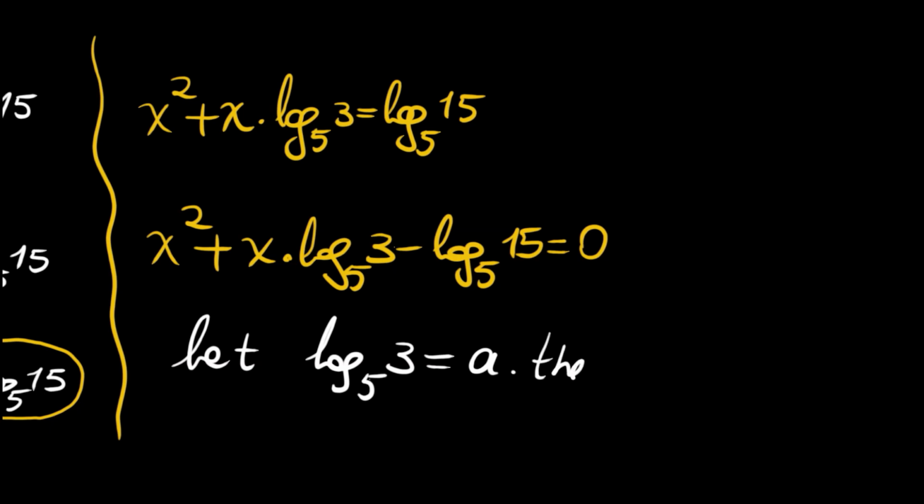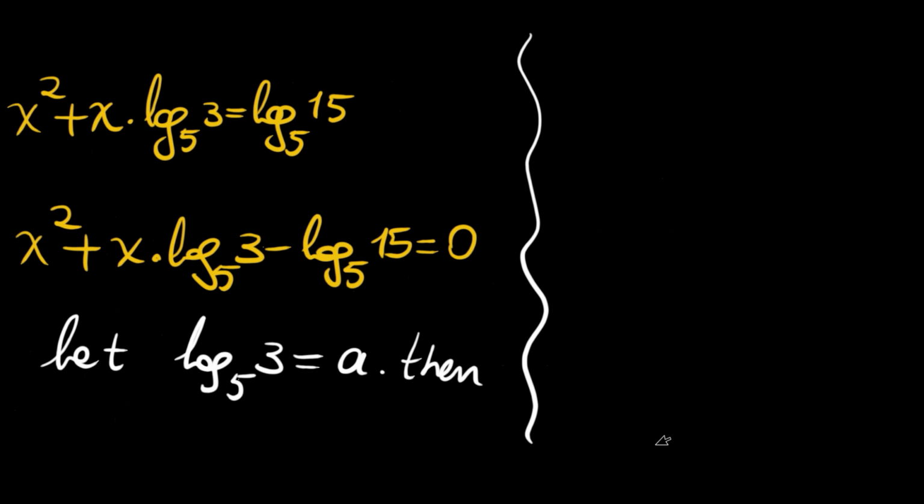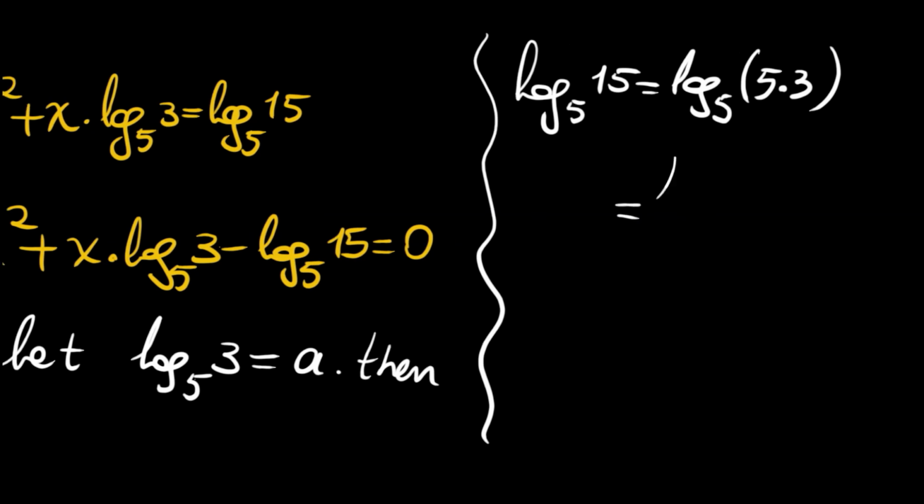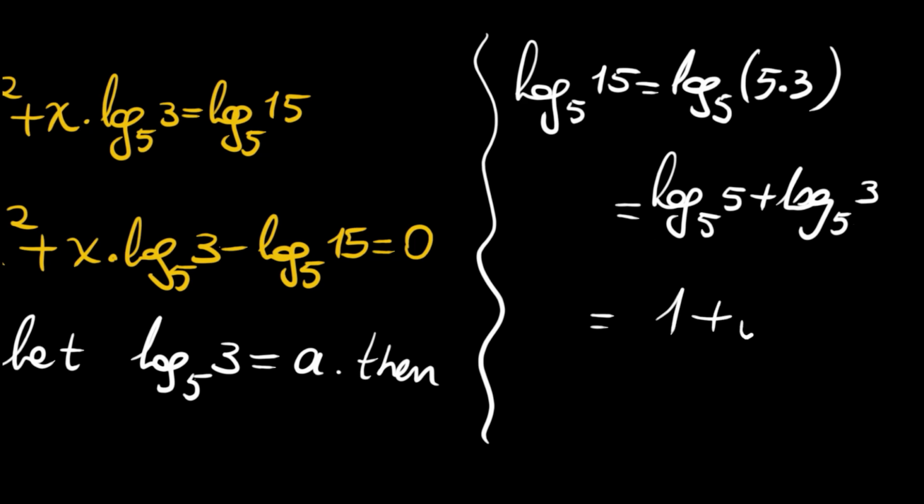Then, my friends, log 5 of 15 is equal to log 5 of 5 times 3, and this is again equal to log 5 of 5 plus log 5 of 3. Then since we said log 5 of 3 is equal to a, and log 5 of 5 is 1, this is 1 plus a.